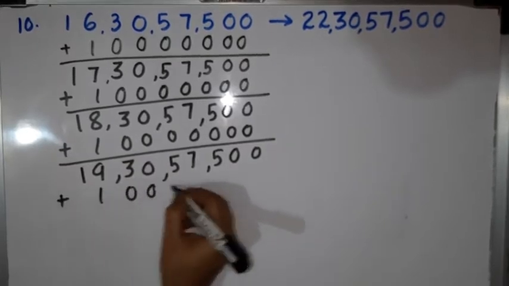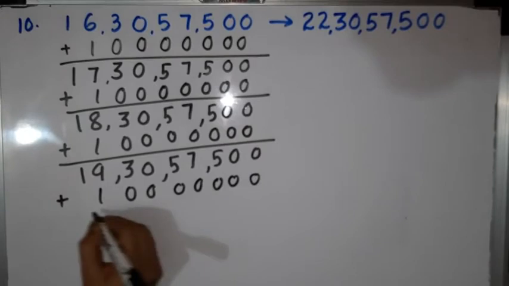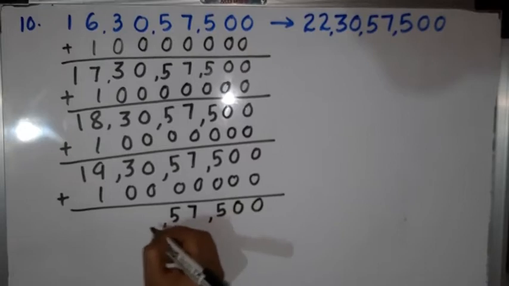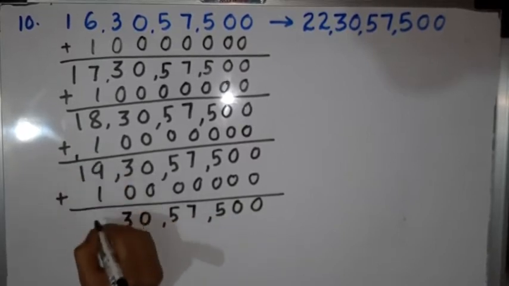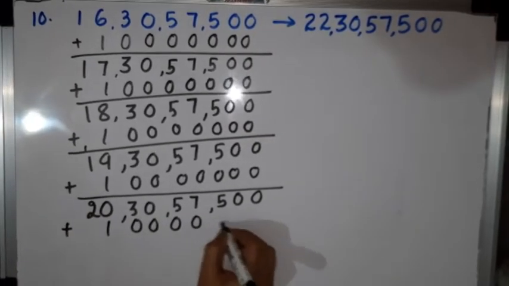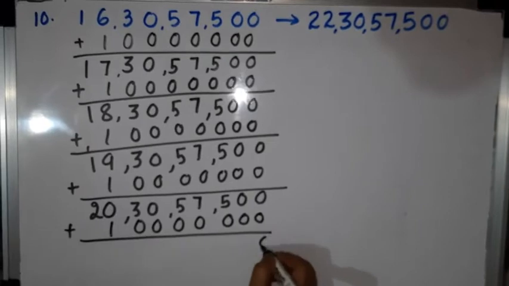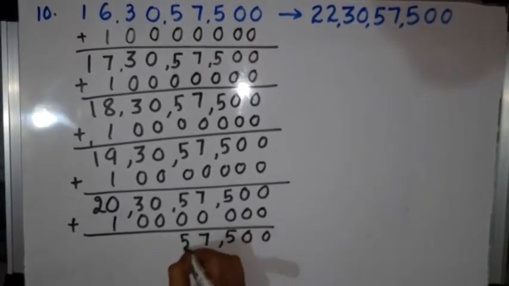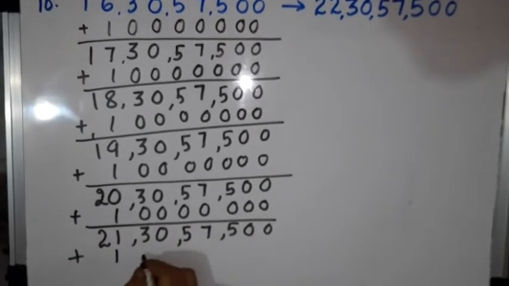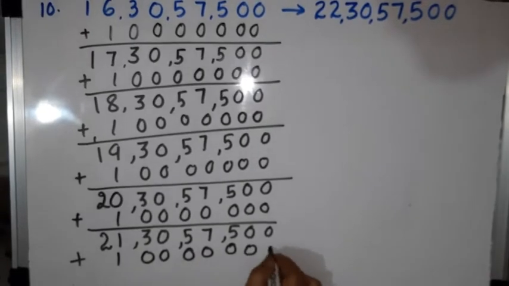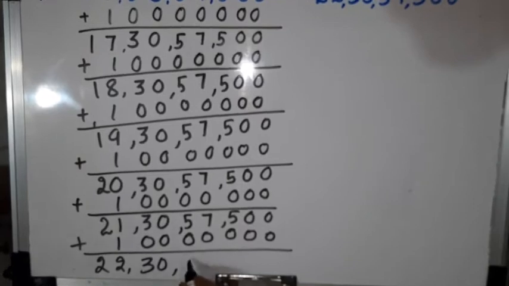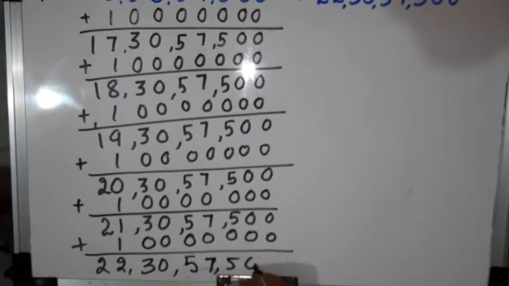Again 0, 0, 5, 7, 5, 0, 3, 9 plus 1 is 10 and 2. Again we'll add because we haven't reached the number, 0, 0, 5, 7, 5, 0, 3, 1 and 2. So we have to add it one more time to make it 22. So finally we'll get 22 crore 30 lakh 57,500.